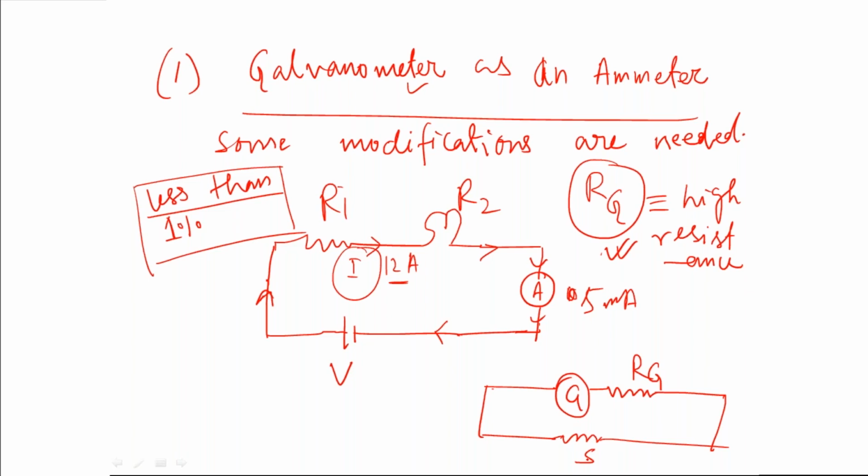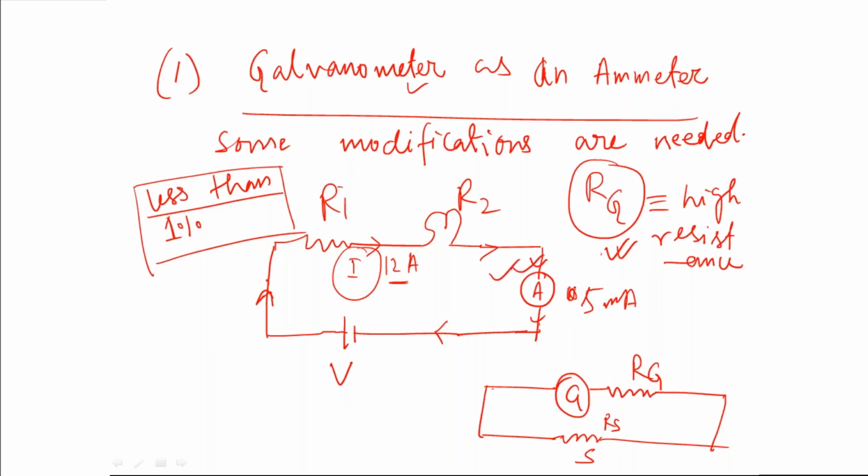Suppose this Rg is much greater than the resistance, which I'll call Rs here for the shunt resistance. And this is the galvanometer which has very high resistance. To avoid the problem I have discussed, I'm connecting a very small resistance in parallel to this galvanometer.